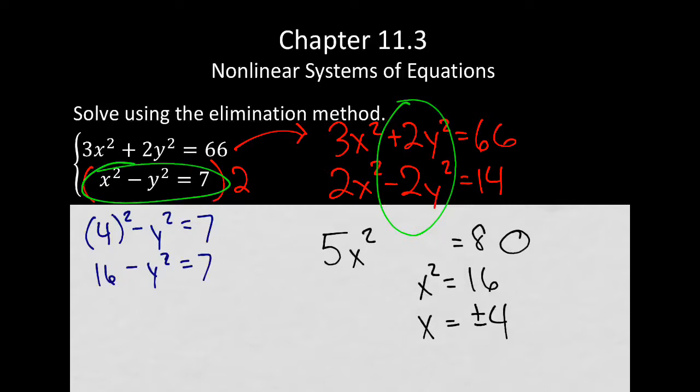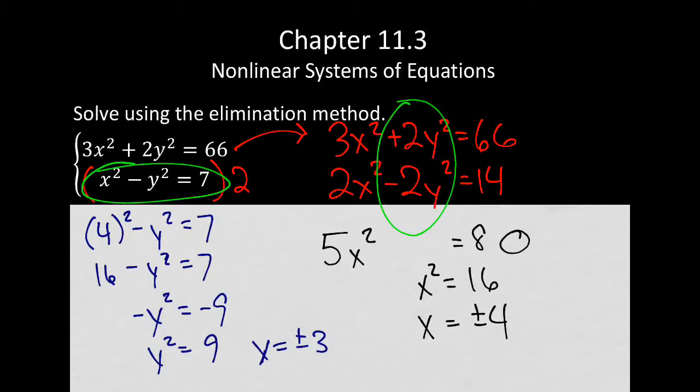Subtract 16 from both sides, and negative y squared equals negative 9. Now let's multiply both sides by negative 1, so we have y squared equals a positive 9. And then square rooting both sides, y would equal plus or minus 3.